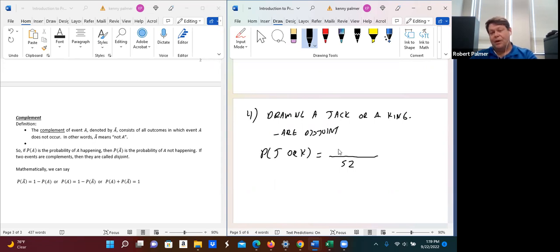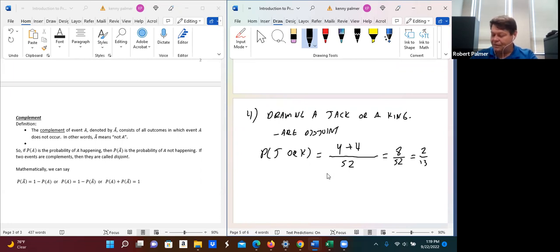I'm happy if I get either any jack or any king. Well, there are 4 jacks, 4 cards I want, but also there are 4 kings, 4 other cards that I want. And so that then will be 8 out of 52, which we can reduce, that's the same as 2 out of 13.